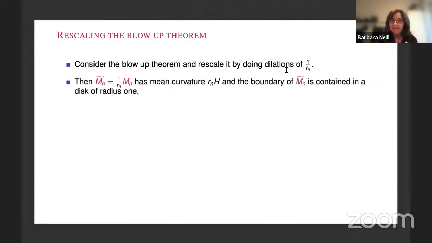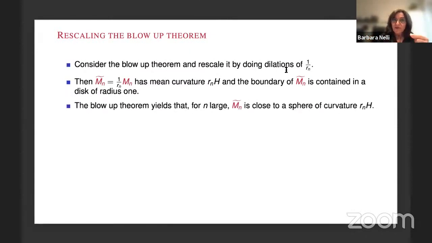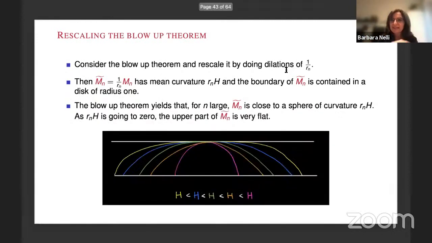Then Mn tilde, the rescaled sequence, has mean curvature Rn times H, of course, by rescaling, and the boundary is contained in the disk of radius 1. So by the blow-up theorem, your Mn tilde is close to a sphere of curvature Rn times H. That means a very flat sphere, because when Rn is going to 0, this curvature is going to 0.